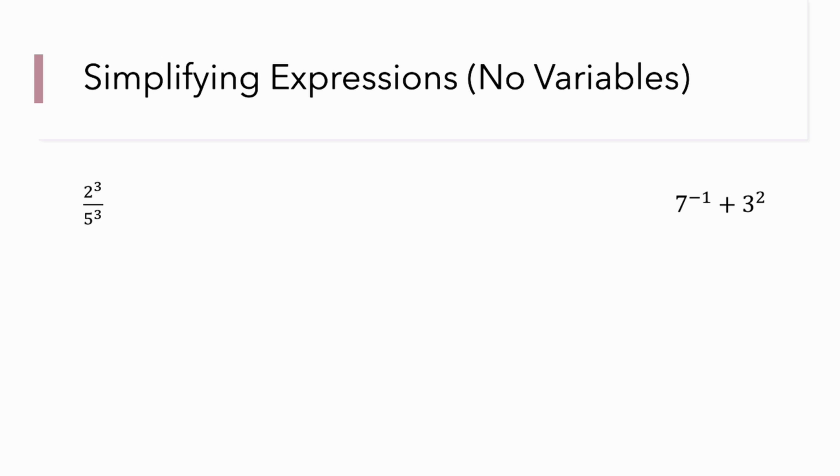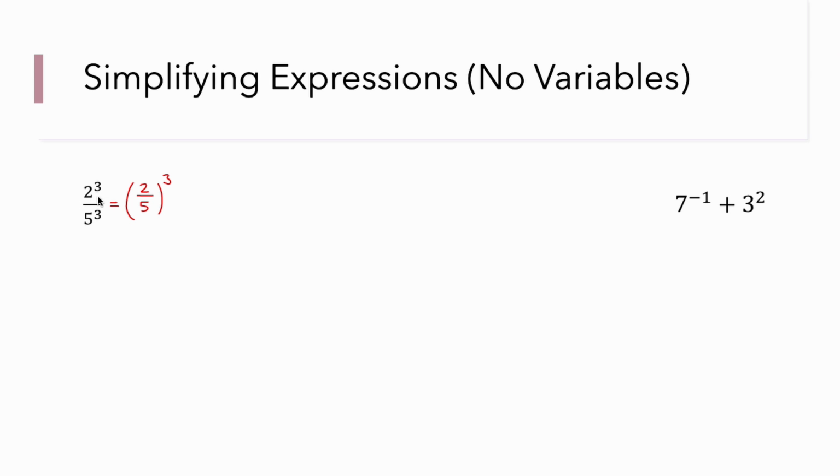2 cubed divided by 5 cubed. Now, this is using a power of a quotient property. So, 2 cubed divided by 5 cubed can be written as 2 divided by 5, or 2/5 cubed. But this is unnecessary. We can already evaluate these.